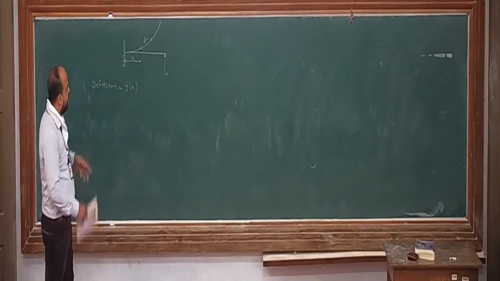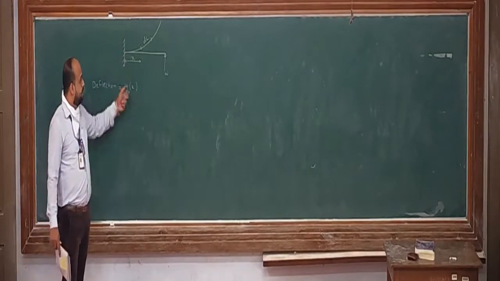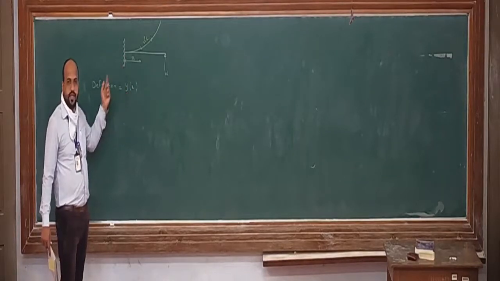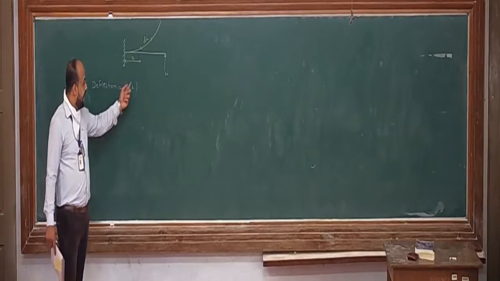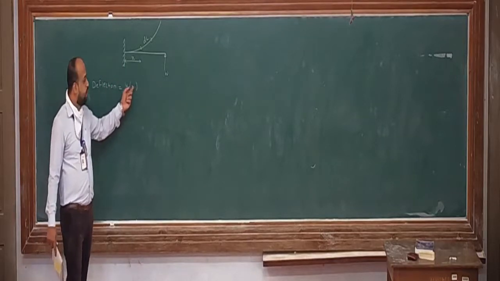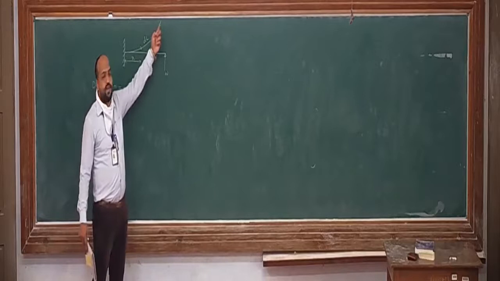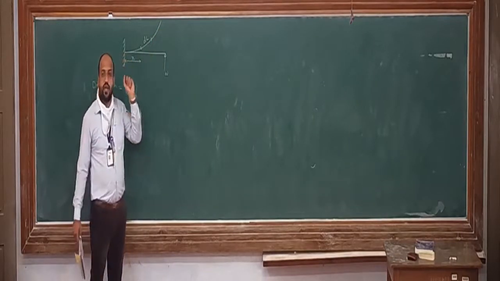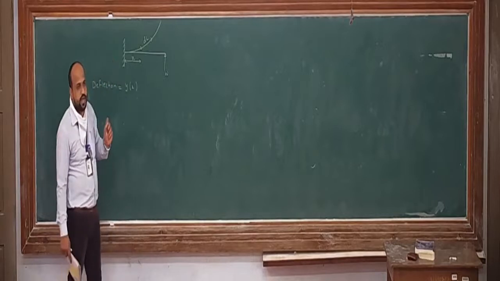Means what? Y is a variable. What is the variable? The variable is nothing but the deflection, which will vary according to x. Means what? At the free end, the beam has deflected more. At the fixed end, the beam has not deflected. It is zero. Deflection is zero at the fixed end.